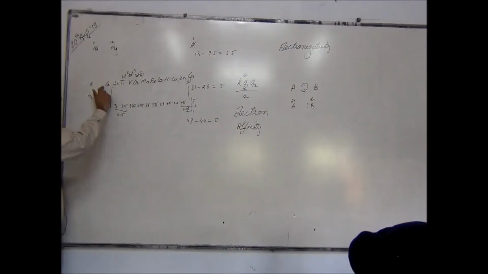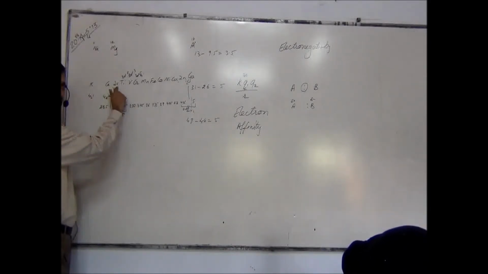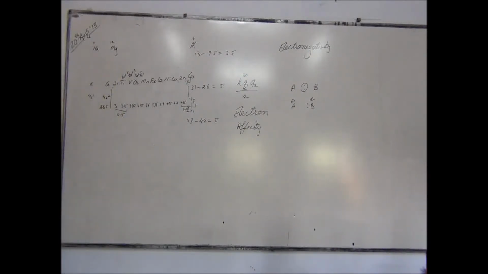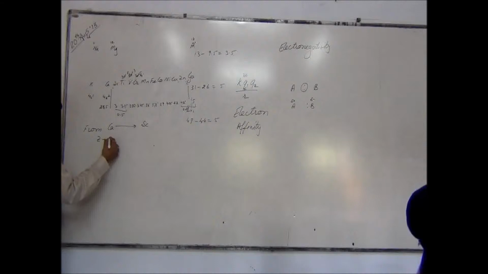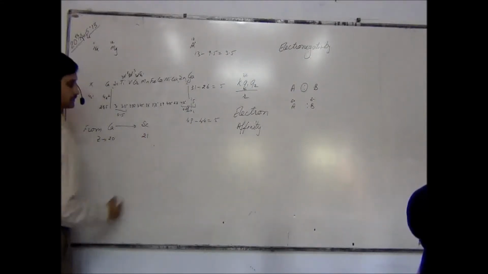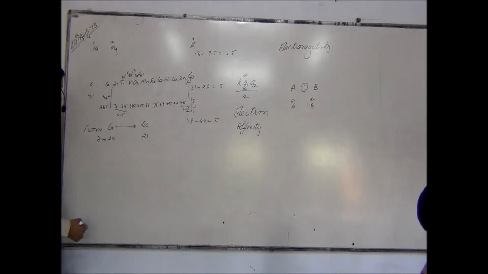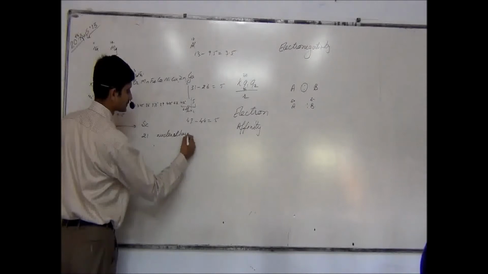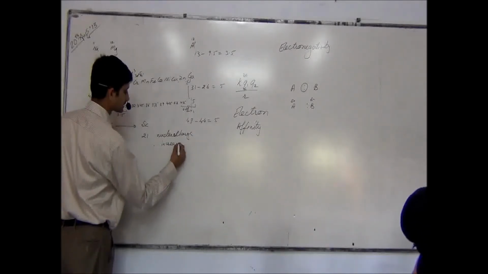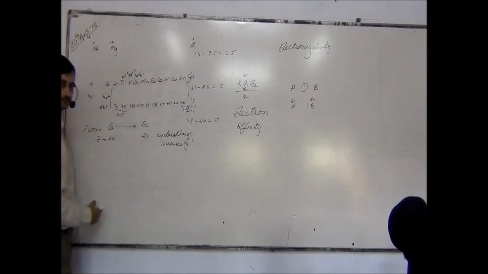While moving from calcium to scandium, we add an electron in the n-1 d orbital. For the n-1 shell, the screening constant is 0.85. From calcium to scandium, Z goes from 20 to 21, so the nuclear charge increases by 1.